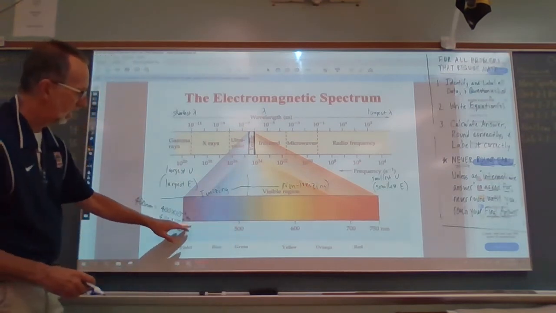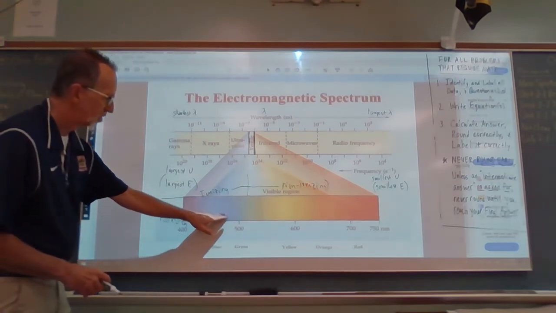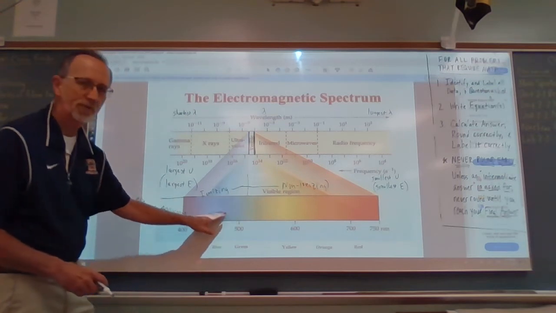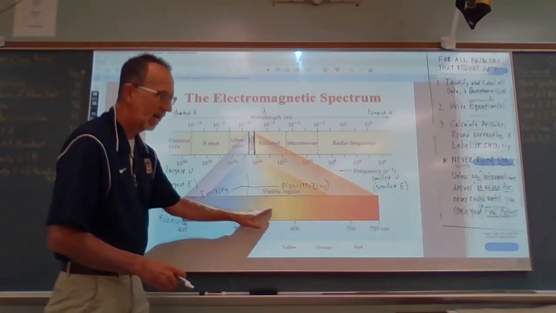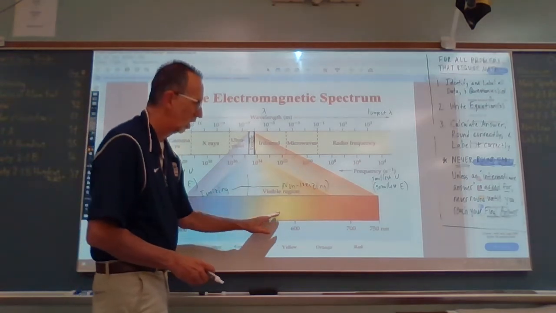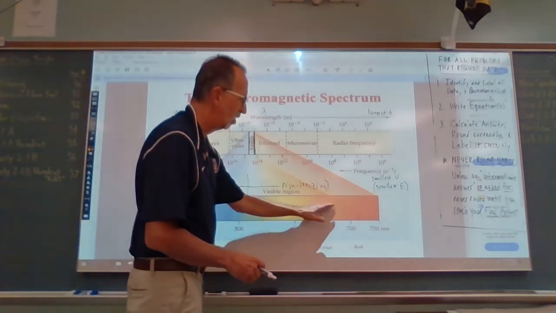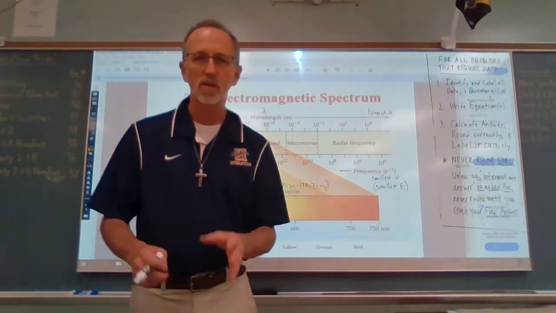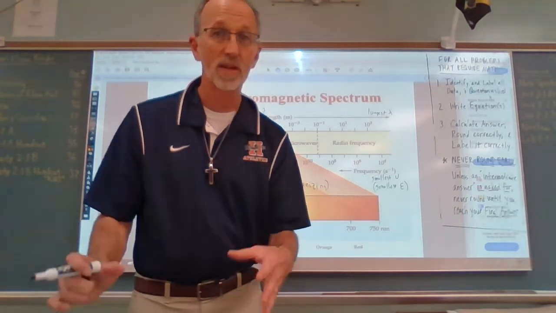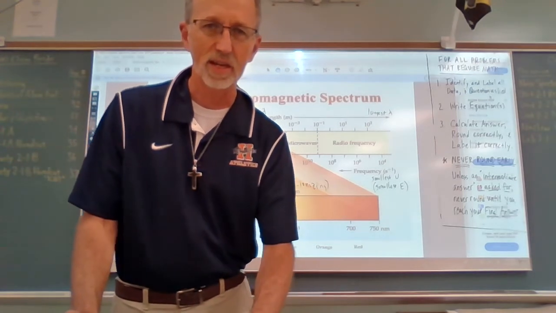So here's violet, indigo's in here somewhere, here's blue, but now we're getting more blue-green, then we're getting to green, then more green-yellow, then to yellow, and then more yellow-orange, and then more orange-red, and then finally red. So you've got some areas in there where the colors are merged, and so they get a little bit different shape.